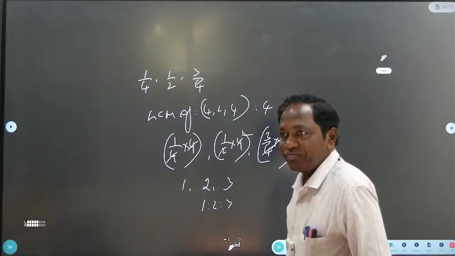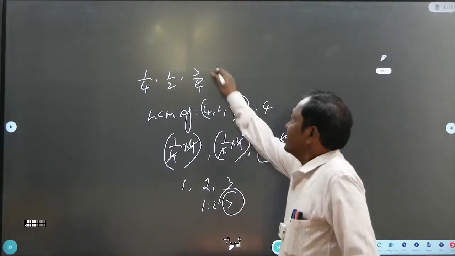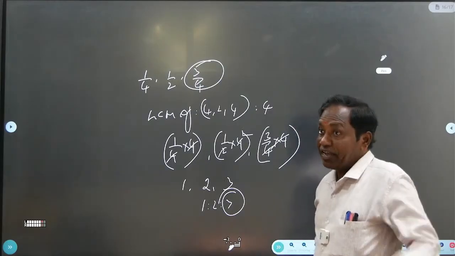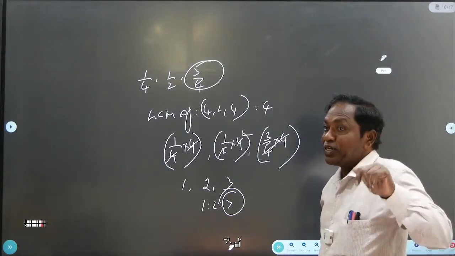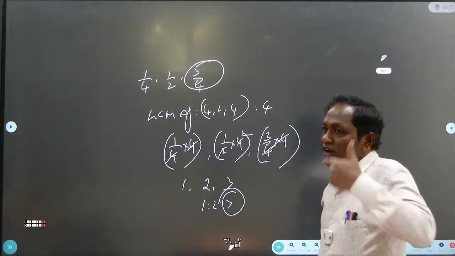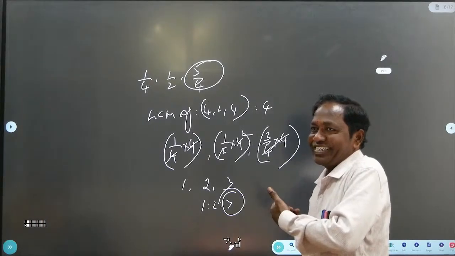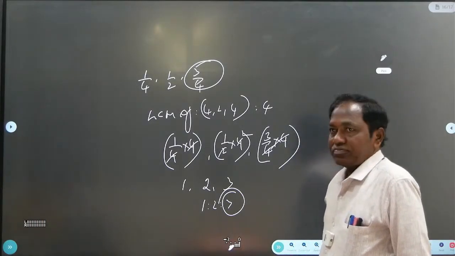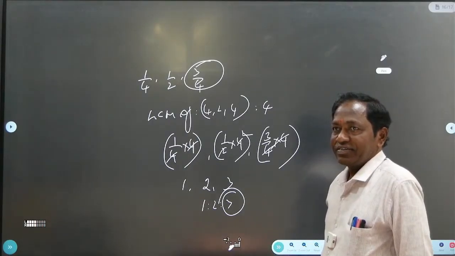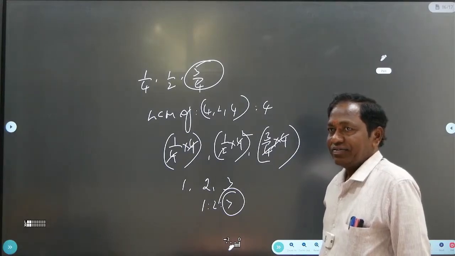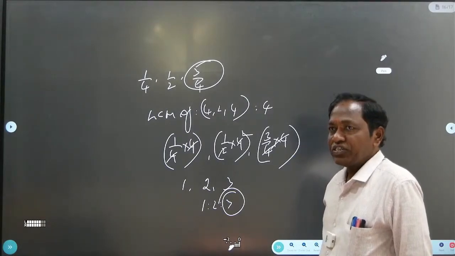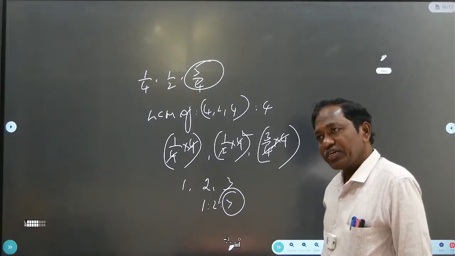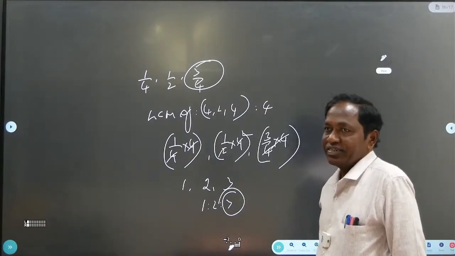Which is the largest number? 3. It's like that. Time and work, time and distance, ratio, all 3 chapters require it. Efficiency of work, everywhere it is required. So this is conversion from fraction to natural numbers.